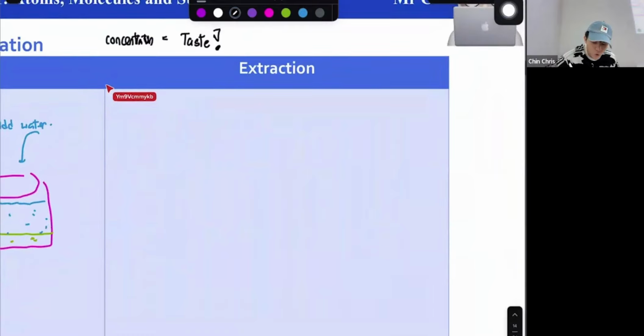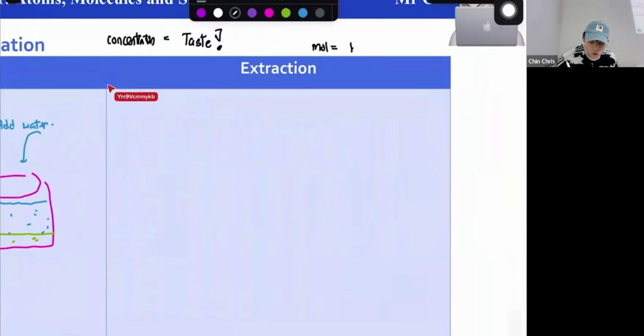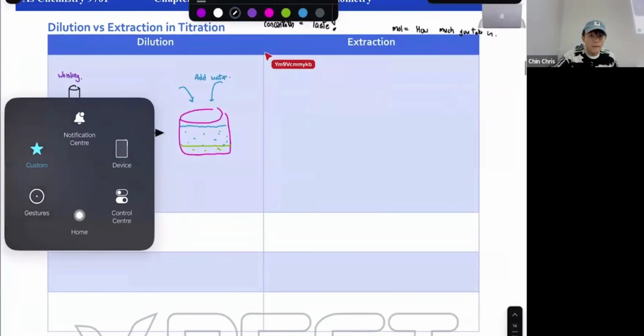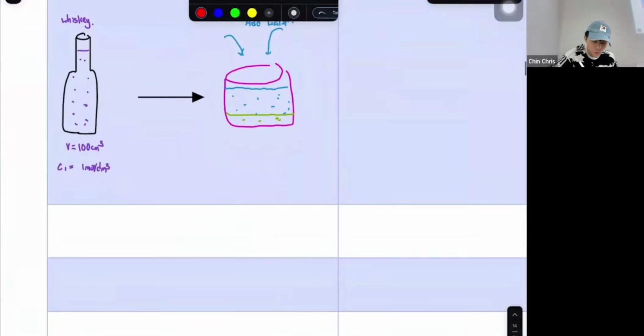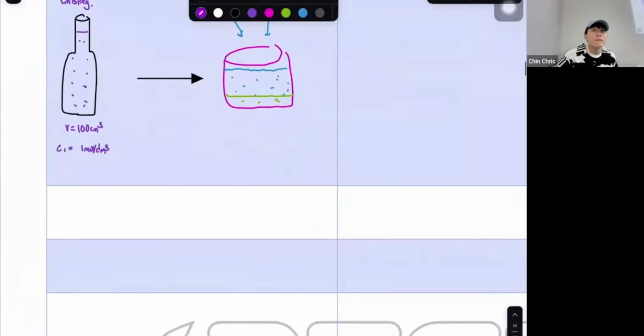And mole is basically how much you drink. So again, if I pour the entire 100 out and add water to make it less concentrated, will the mole change or not? The answer is the mole is the same.